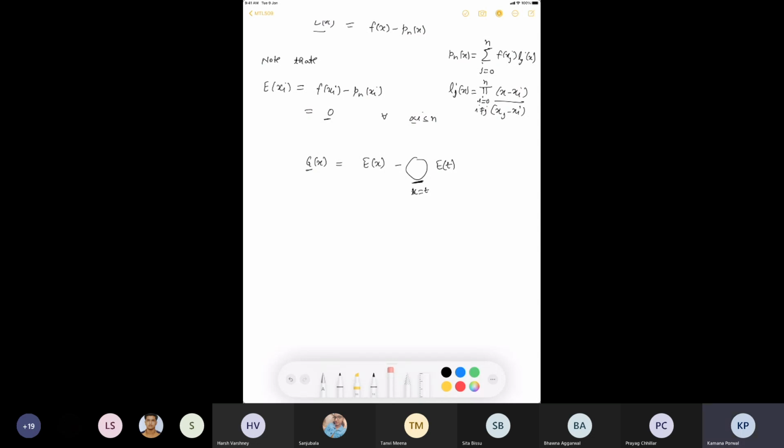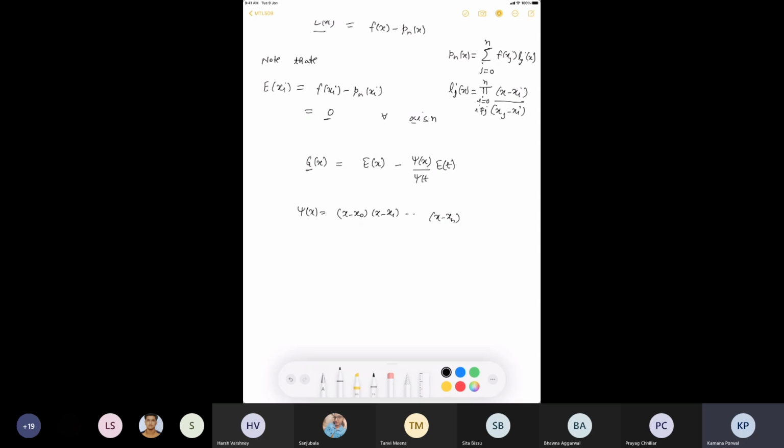At this point e at xi will be 0, but this second term contribution also has to be 0. So if I define psi of x as x minus x0, x minus x1, up to x minus xn, then I will take here the factor psi of x, because it will be 0 at x equal to xi, and I want this factor to be 1 at x equal to t.